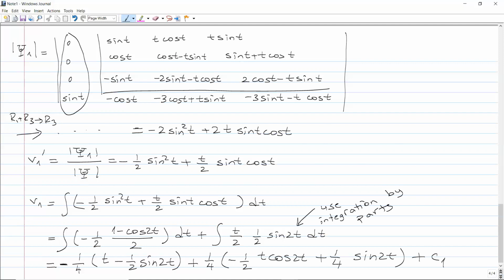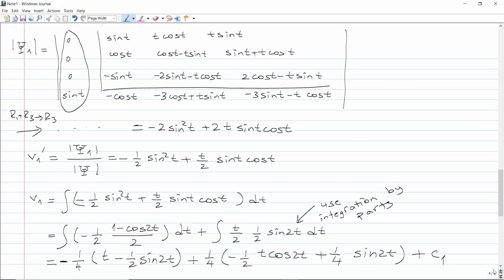Okay, so for V2, we need to find the determinant of C2. The first row is the same as the fundamental matrix. Now the second row we replace with B. Oh, by the way, I'm sorry, I made a sign mistake here.